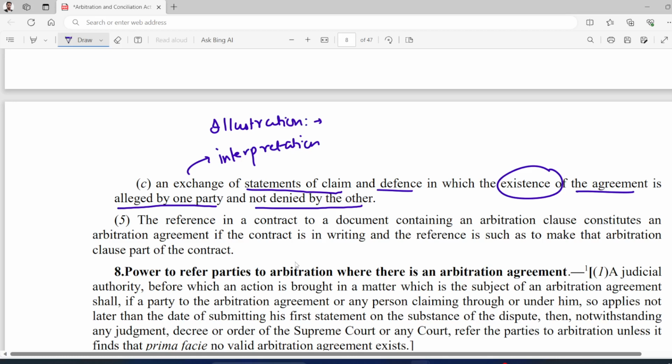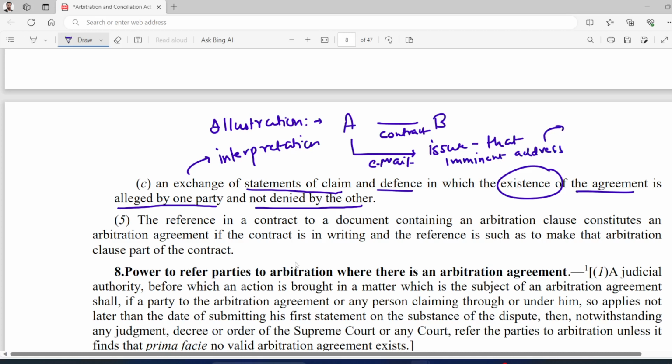The illustration says that there is party A and party B, and let's say they are under a contract. On a certain date, party A communicated to party B by, let's say, email, that we are facing an issue that needs imminent redressal, and to that let us refer the matter to arbitration as we had previously discussed.